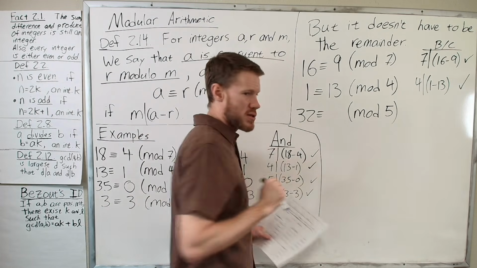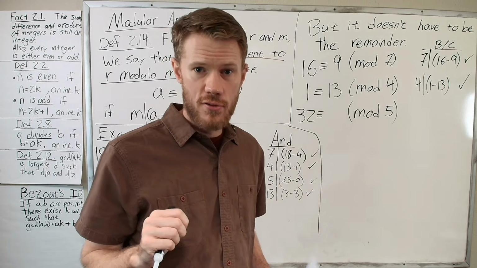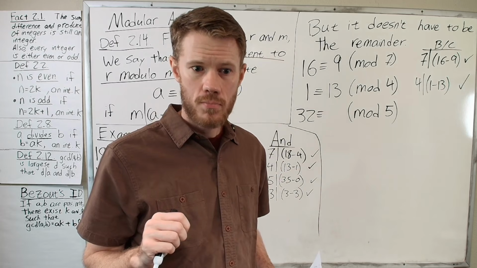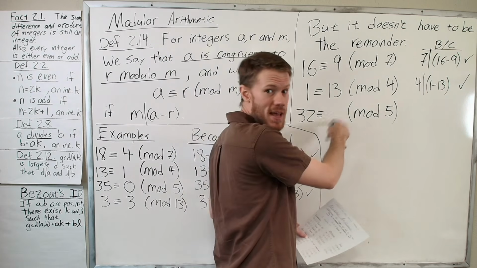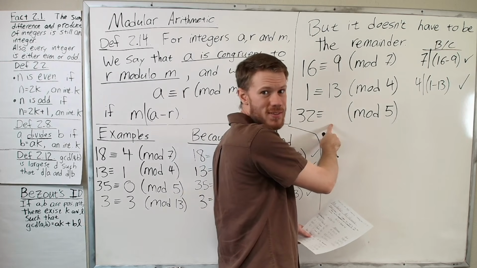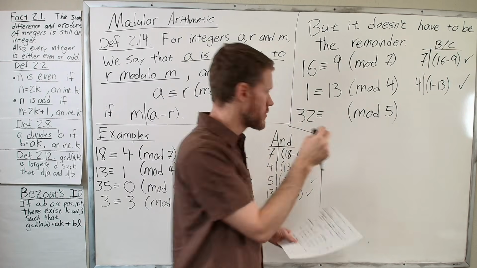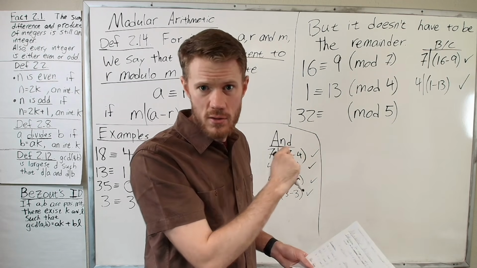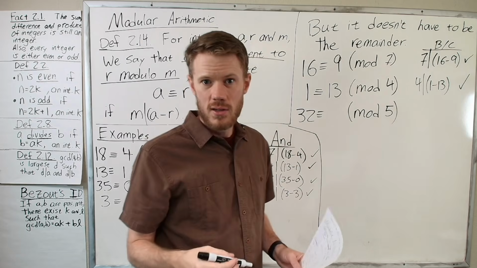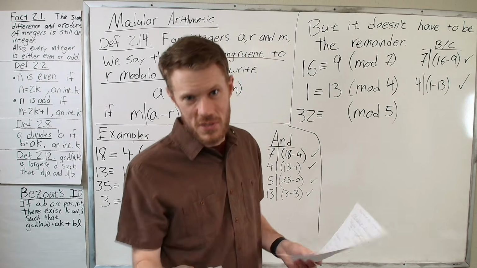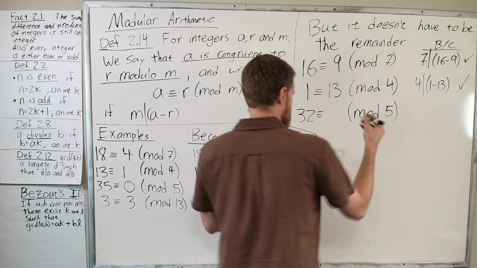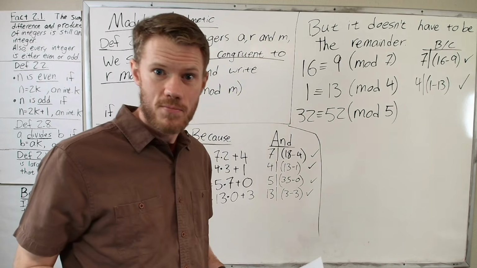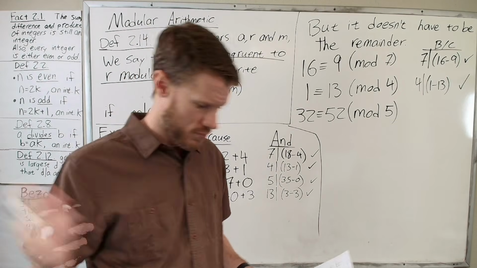So what are other numbers which, if you divided them by 5, would leave a remainder of 2? 2, 7, 12, right? 12 divided by 5, remainder of 2. 17, 22, 27, 32, 37, 42, 47, 52. I happen to choose 52 here. But any of those numbers you could put right there and it'd be a true statement. 32 is congruent to all of them.